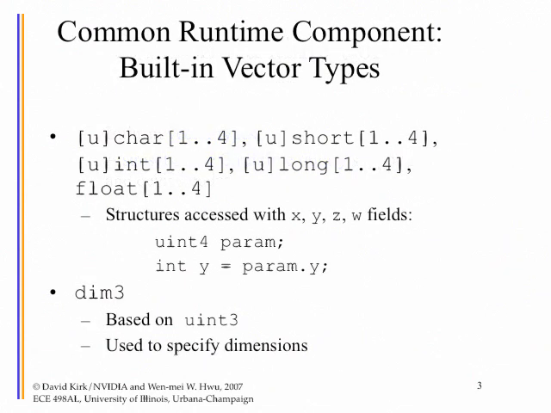So what are the built-in vector types? It turns out that you can have chars, you can have shorts, you can have ints, you can have longs, and you can have floats. These are all vectors up to 4 dimensions. Why 4? The hardware can do 4 easily, and usually it's 3 dimensions plus 1 extra for some of the graphic transformations that people play tricks with.